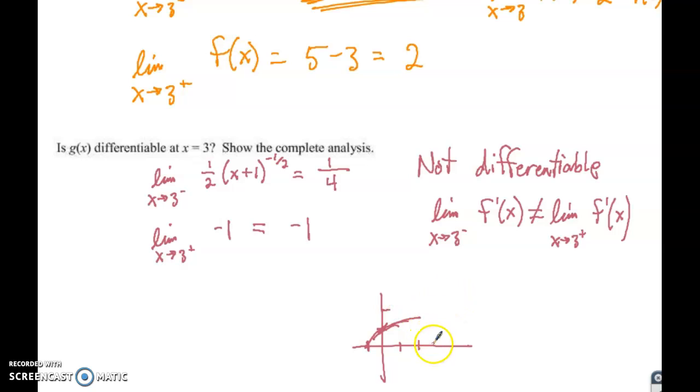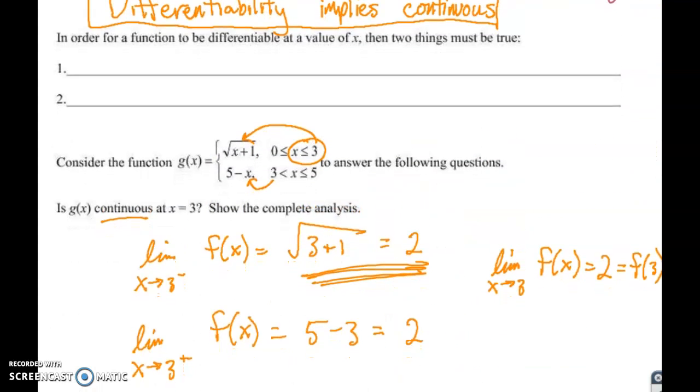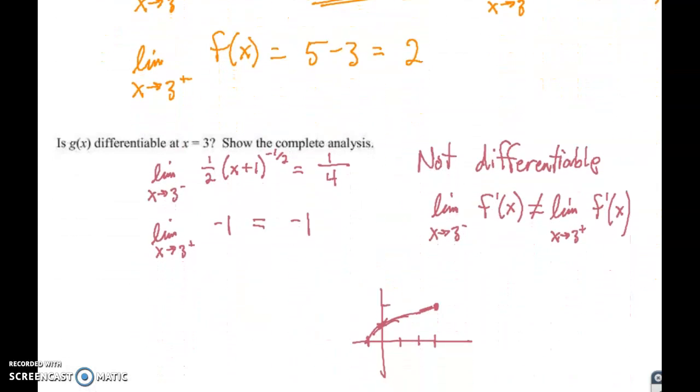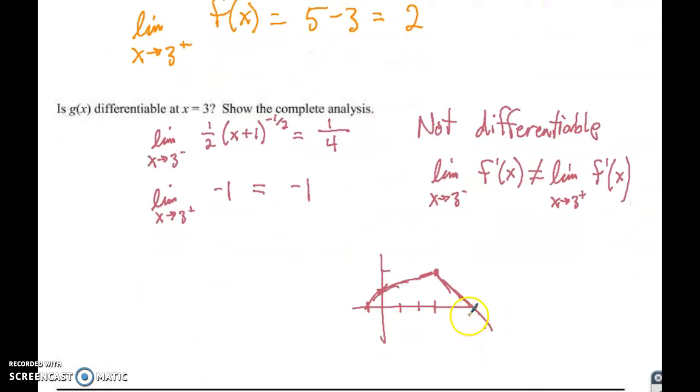No, until we get to 3. All right, and it's defined right there. And then when we get to the other function, 5 minus x, it's a function that looks like this. Well, there's definitely a sharp turn right there, so that is not differentiable. So if you look at the graph of that, it definitely does not work. I was supposed to stop it at 5 though. Sorry about that.